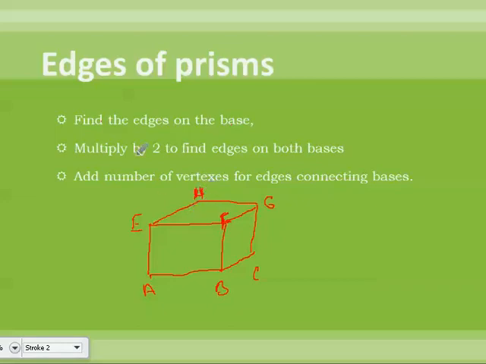Or vertexes. It says find the edges of the base. Well, any two points down there, AB, BC, CD, AD, those would all be considered valid edges of the base. It says multiply by 2 to find the edges on both bases.